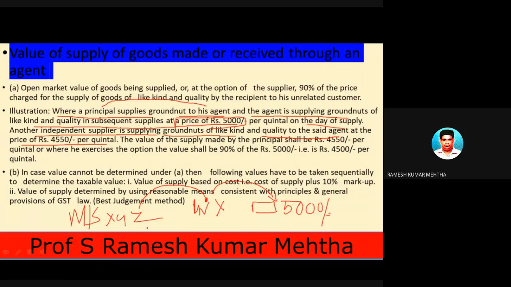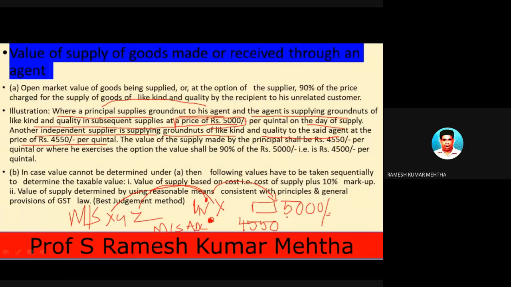Next, X is purchasing similar kind of goods from another principal, Messrs. ABC, at 4,550.